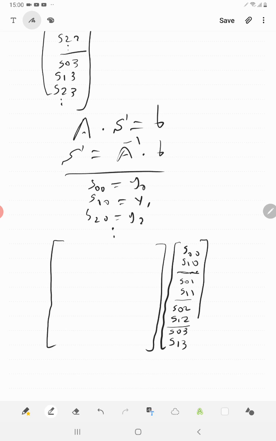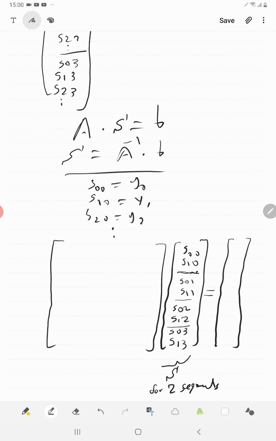So this is the S for 2 segments, okay? Thus we have 8 parameters, okay? Now, if we look at these ones here, we say this is equal to the B's coefficients. This is B, okay?